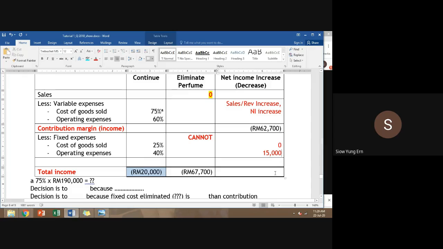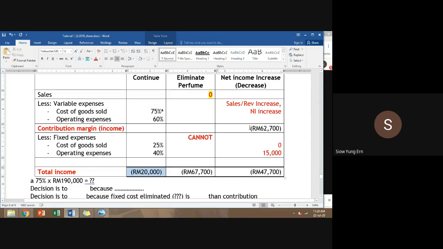What is your final answer? Negative 47,700, correct. Negative 47,700.